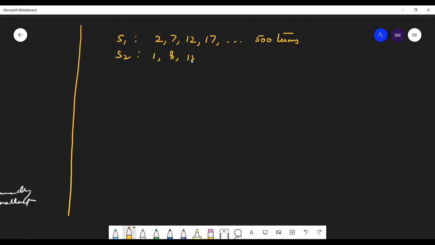The second is 8, 15, 22, and this sequence has 300 terms. Now you have to find, first part of the question, the number of common terms. And second part, you have to find the last common term.